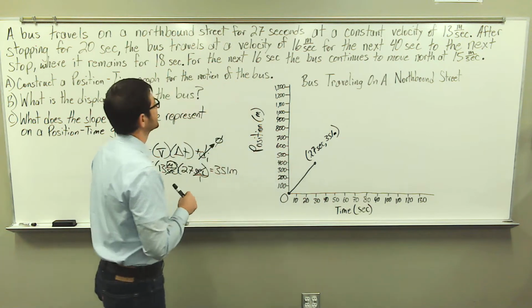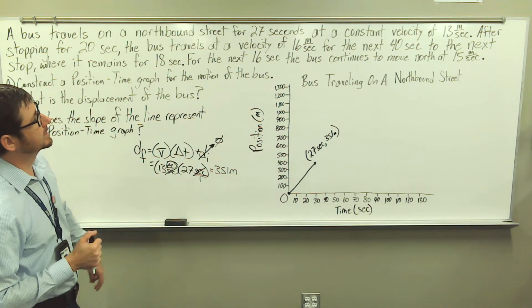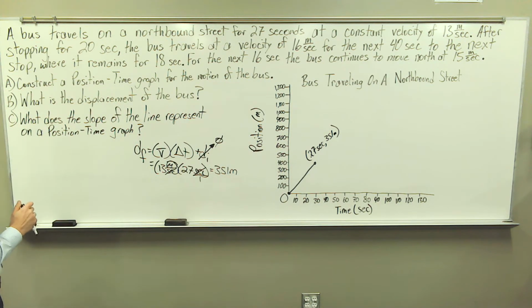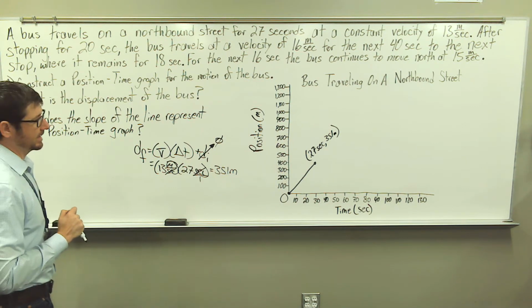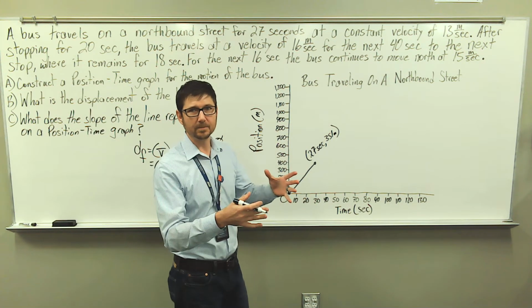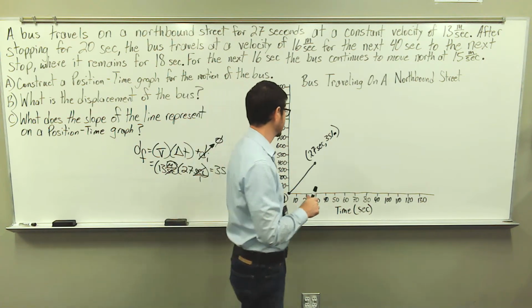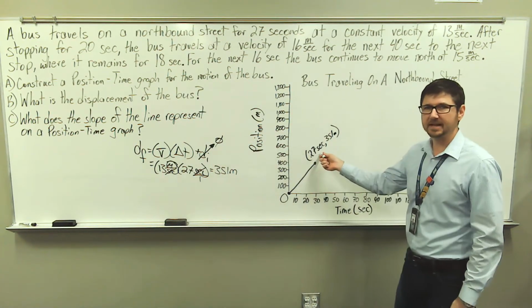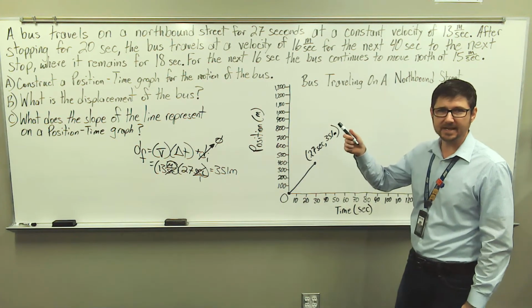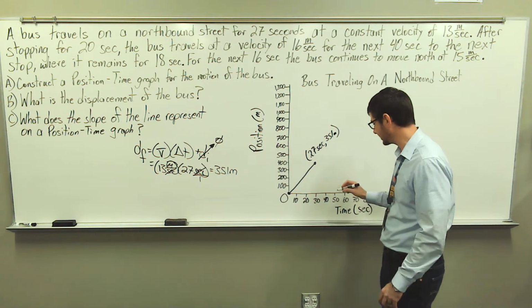Next, it says that after stopping for 20 seconds. If we stop, if our velocity is 0, we are not changing position. So 27 seconds plus 20 seconds is going to be 47 seconds.